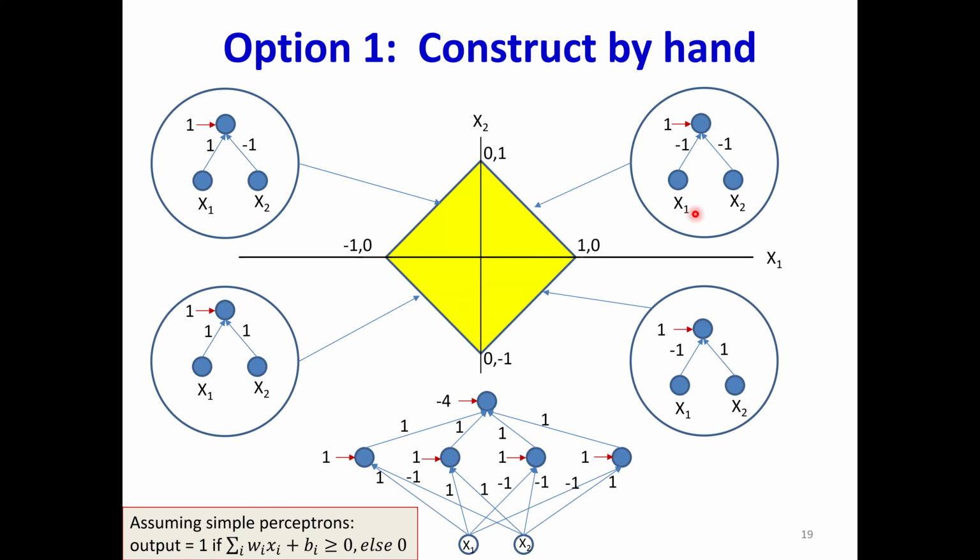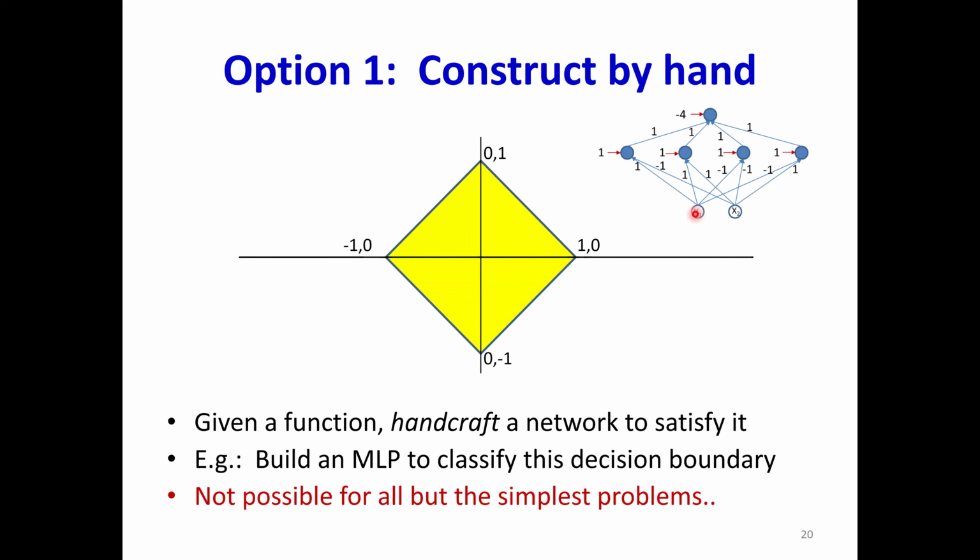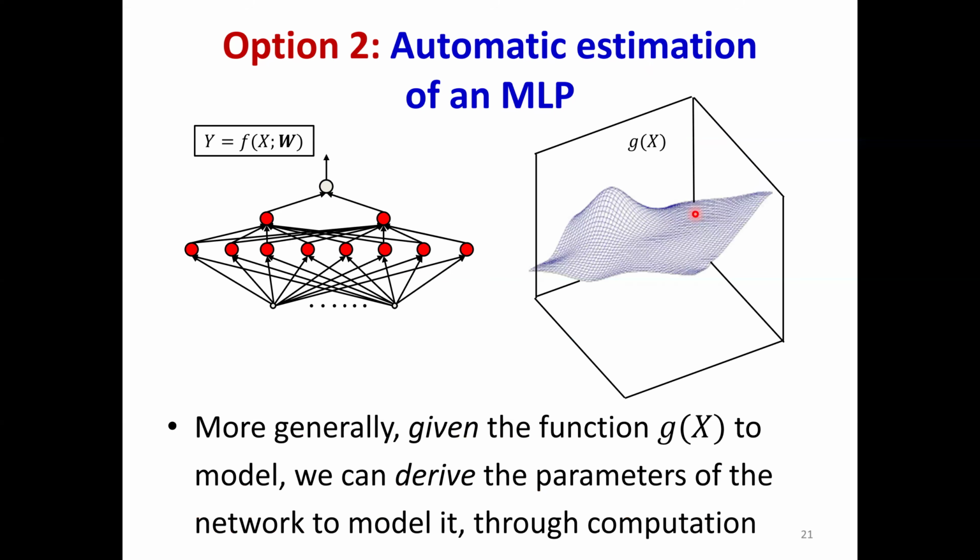In the more generic case, you're not going to have such well-specified, clear problems, and you cannot handcraft networks to compose the function that you're interested in. So we have to derive the parameters of the network to best compose the function. Let's say you're given a function g of x, shown by this mesh here, which has a value for every possible input x.